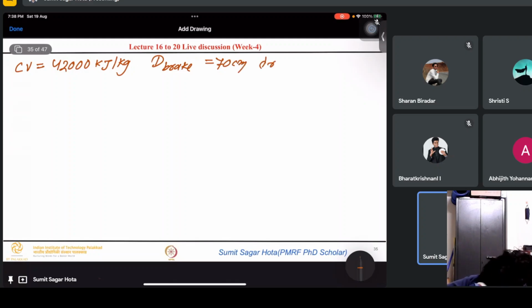D rope 3.5 centimeter. Okay, what are the things you need to find?